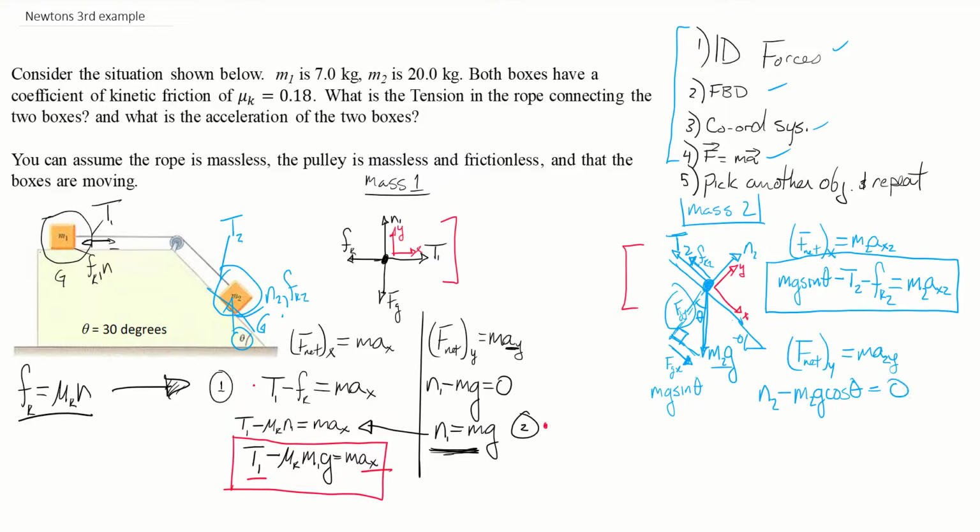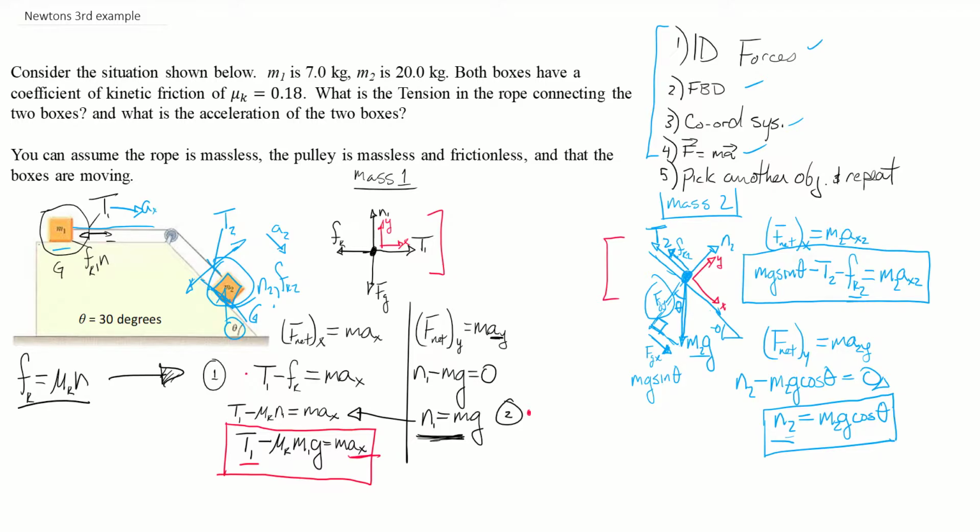And the acceleration in the y direction is 0. Again, this block is going to stay on this ramp, and it's not accelerating at all in what we've defined as our y direction. So this is going to be equal to 0. We know that the normal force on the second mass is equal to m2g cosine of theta. So I have this equation for that.